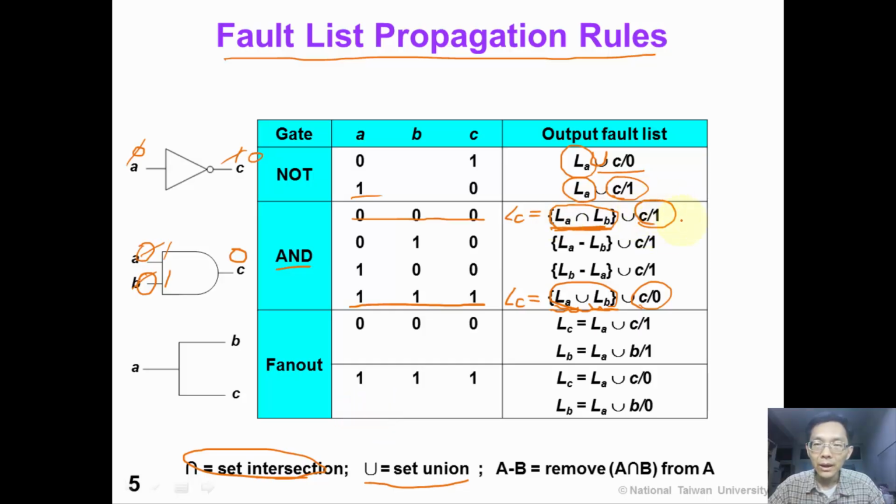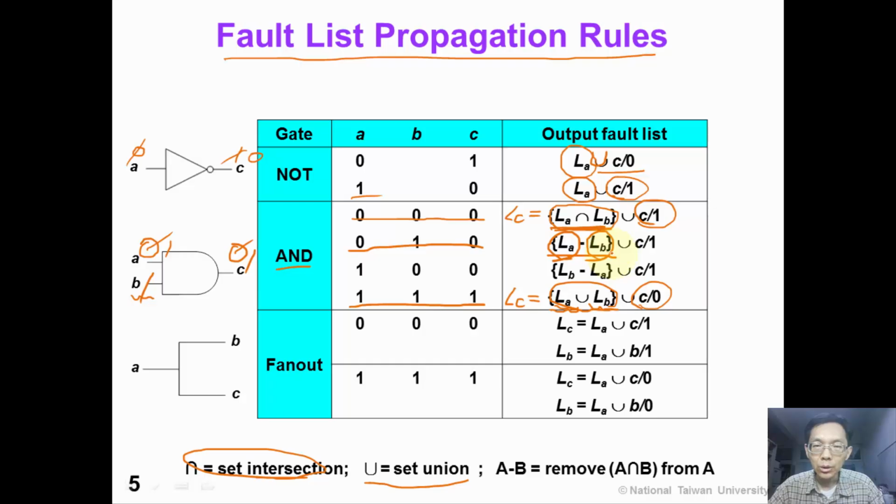And don't forget, we have C stuck at 1 fault at the output. Now, suppose that A is a controlling value 0, B is non-controlling value 1. In this case, we take the fault list of LA minus the fault list of LB. This is because A is a controlling value. If A is flipped to 1, the output would be flipped to 1. But B must remain non-controlling.